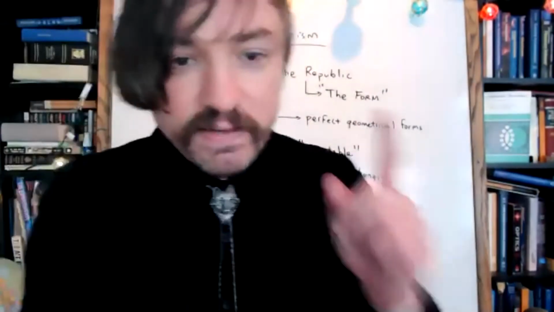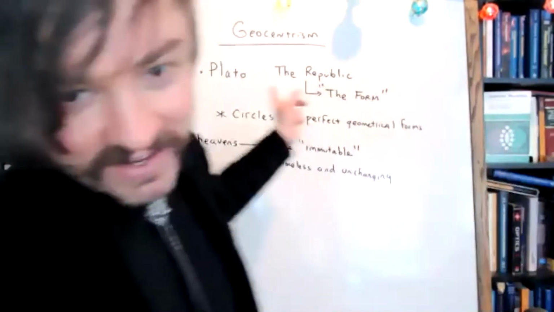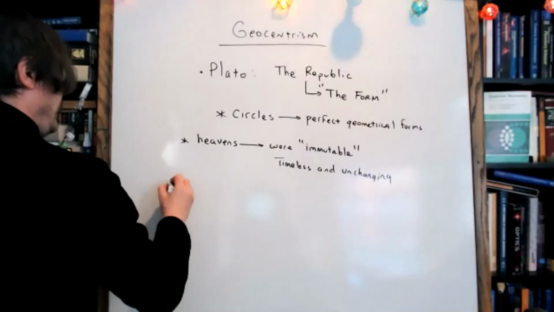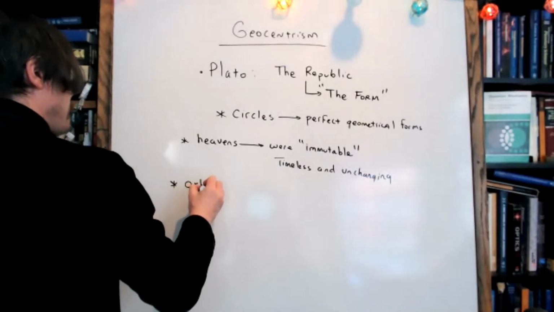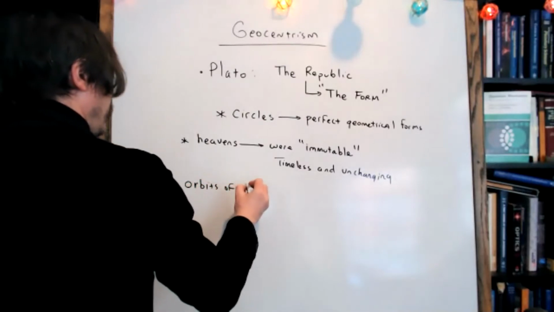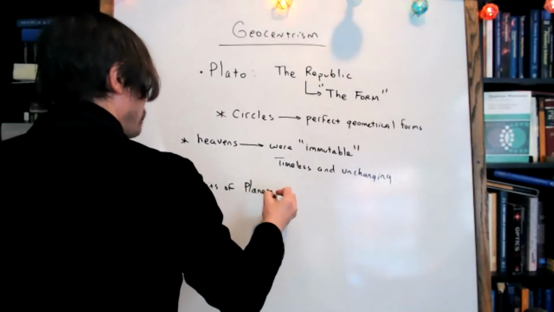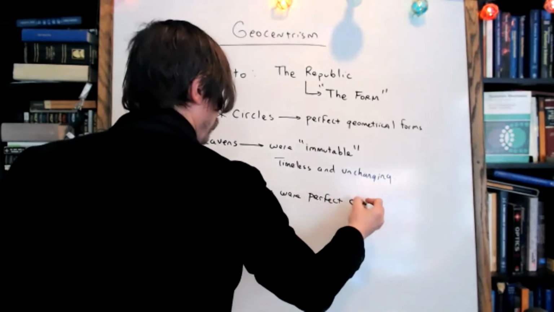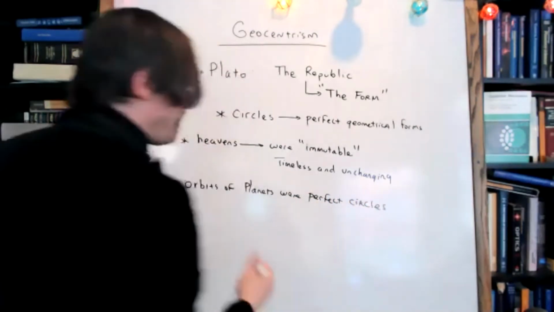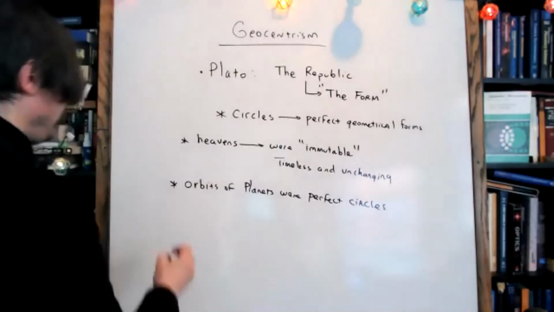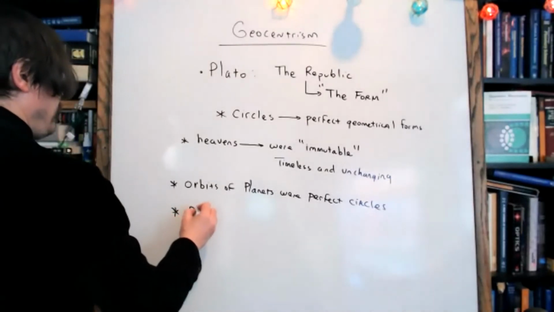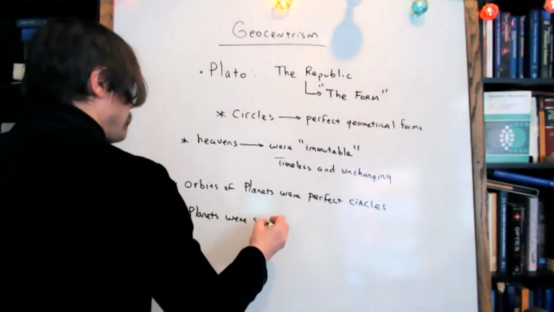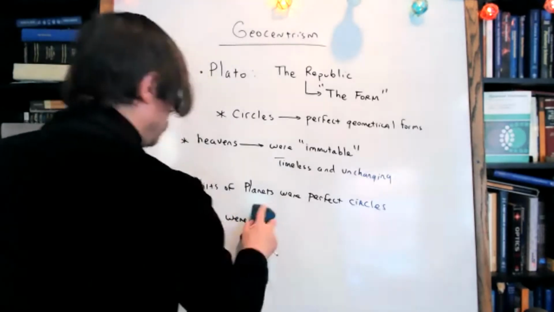That idea is actually pre-Christian and goes all the way back to Plato and the ancient Greeks. So Plato believed that the orbits of planets were perfect circles, that the heavens were not the same as Earth. He even believed the planets themselves were perfect spheres.